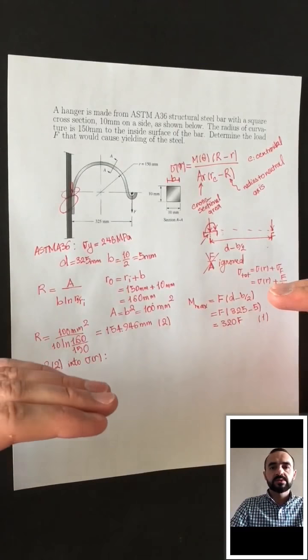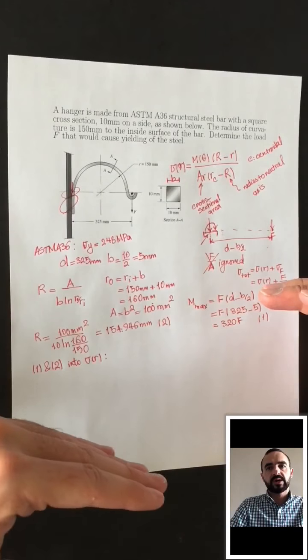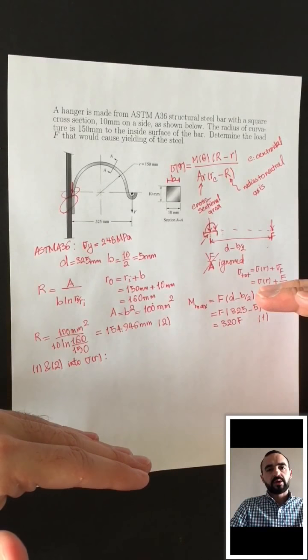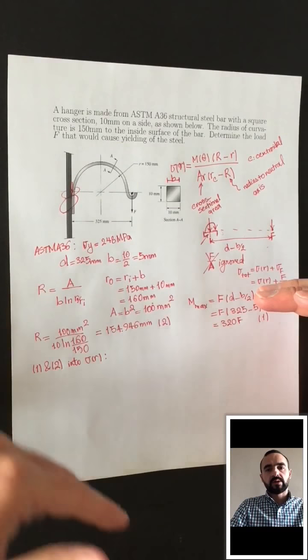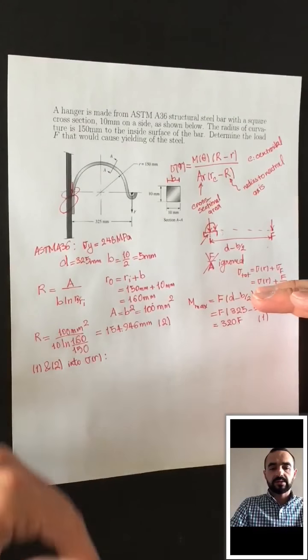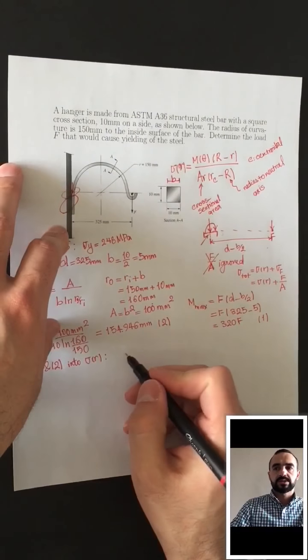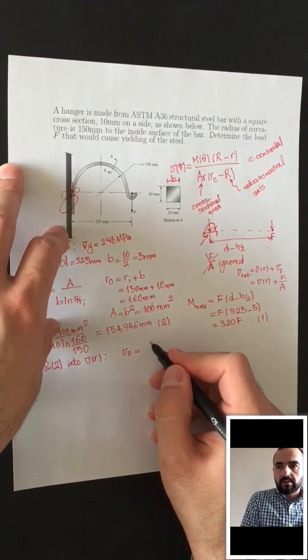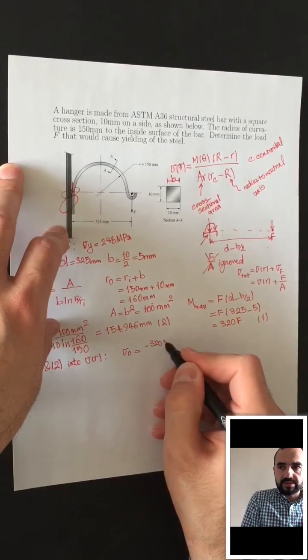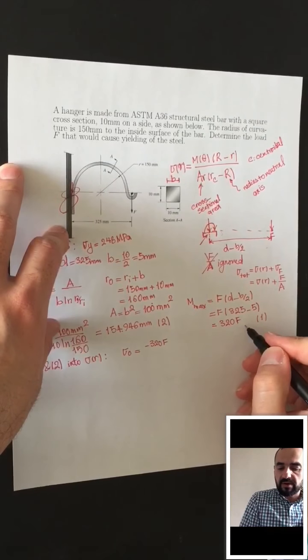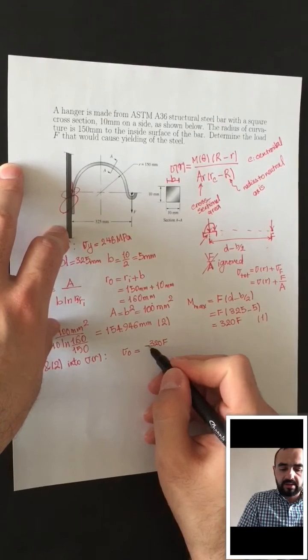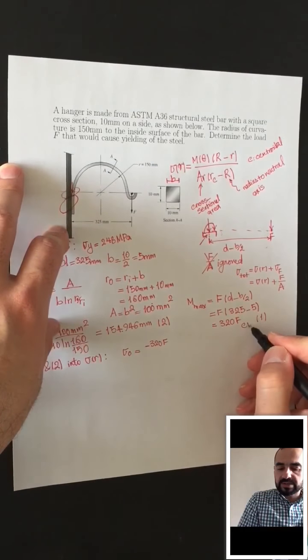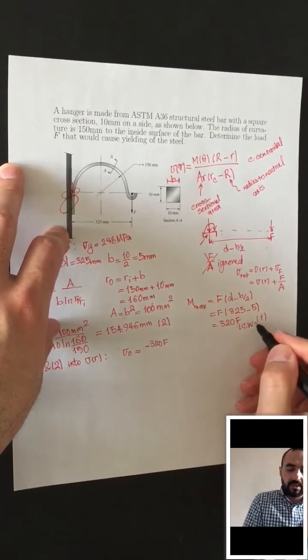So you always need to compute the stress for both the inner edge and the outer edge. So you always compute sigma O. In this case you have 320F and there is a negative sign because it is clockwise.